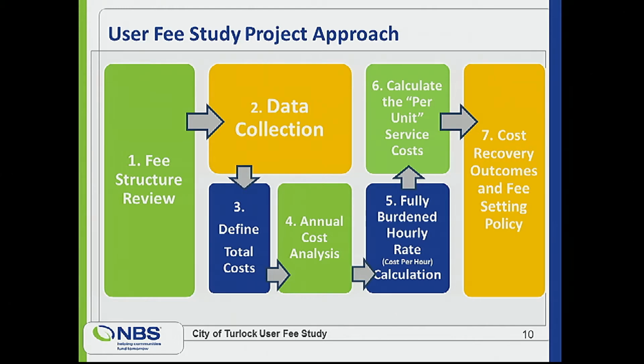Then I calculate the per unit service cost, and this is what Mike was speaking to. He used the term time and motion study. I tend to use the term cost for service, and that relates to calculating the fully burdened hourly rate and then discussing with staff in multiple meetings what it takes to complete each permit type in hours.